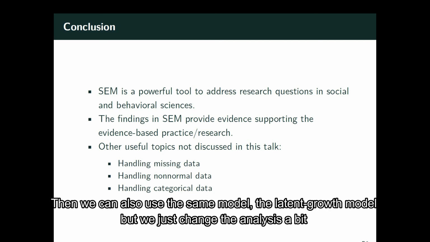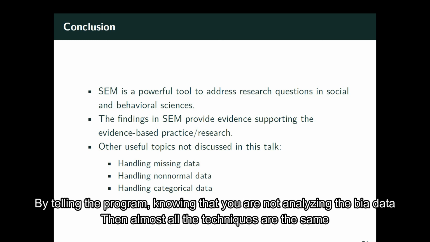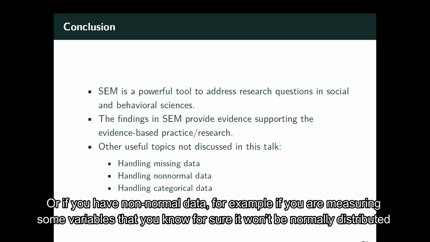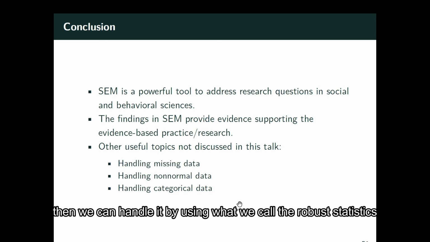Then we can also use the same model, the latent growth model, but we just change the analysis a bit by telling the program that you are now analyzing binary data, then almost all the techniques are the same. Or if you have non-normal data, for example, if you're measuring some variables that you know for sure won't be normally distributed, then we can handle it by using what we call robust statistics.